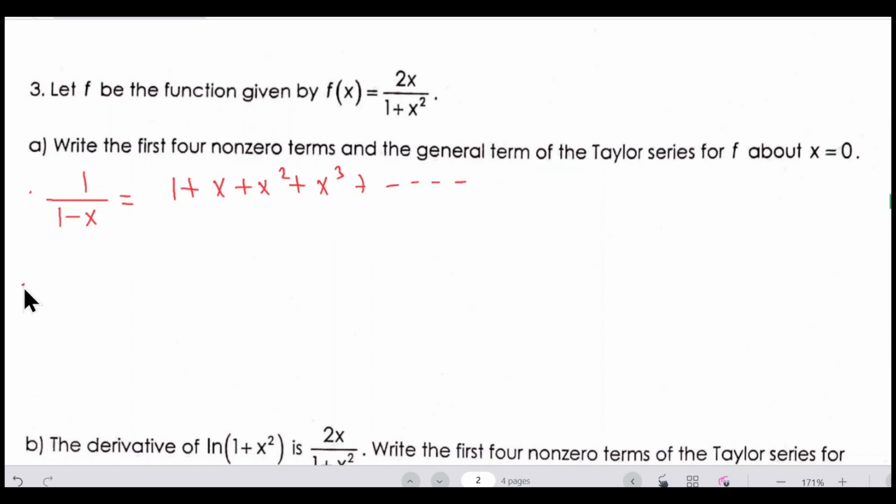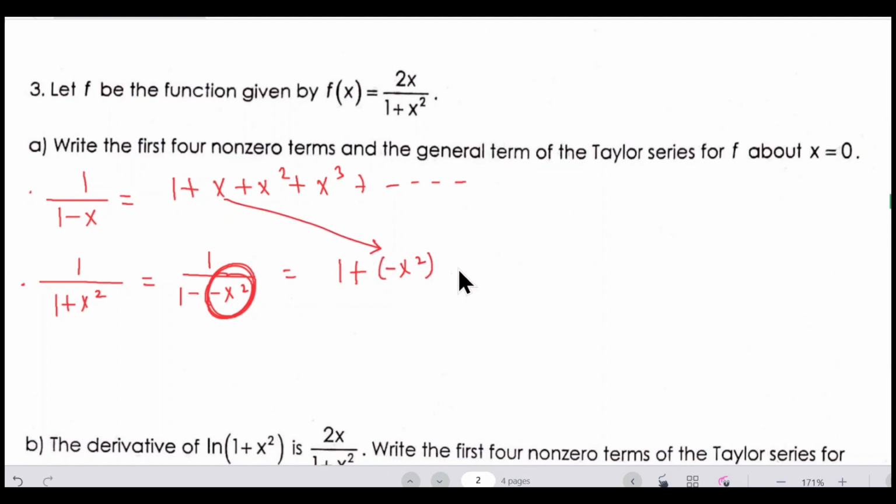So using that, I can rewrite 1 over 1 plus x square as 1 over 1 minus of negative x square, and the Maclaurin of that will be given by 1 plus, this is sort of our new x, right? So 1 plus negative x square, which is basically replacing x, plus negative x square squared, which is for this term, then negative x square cubed, which is the next term.